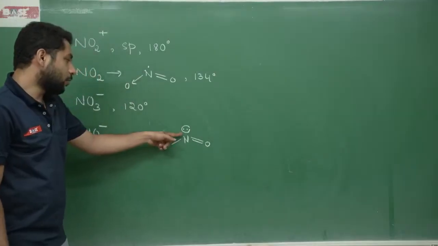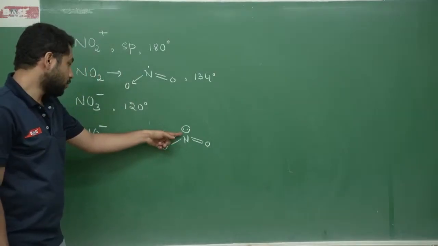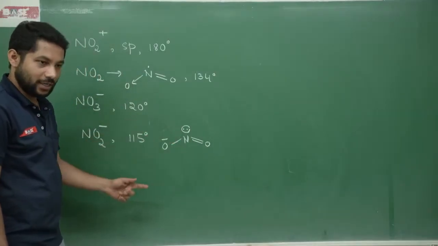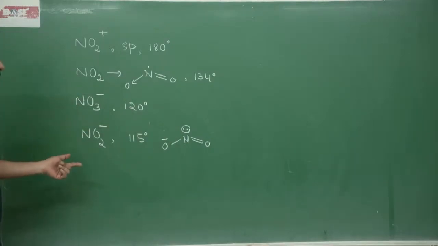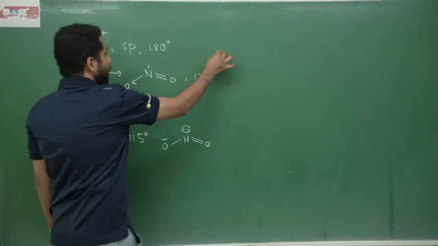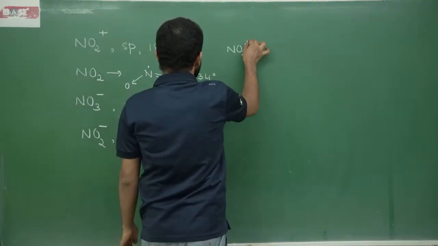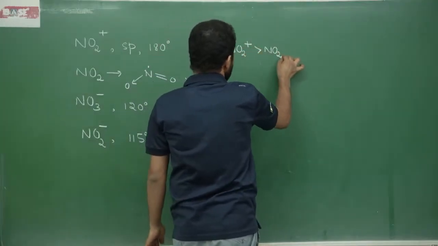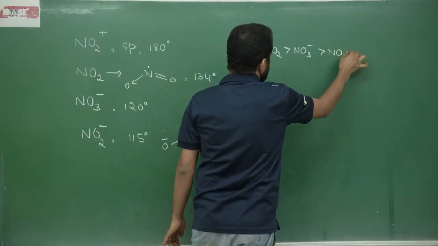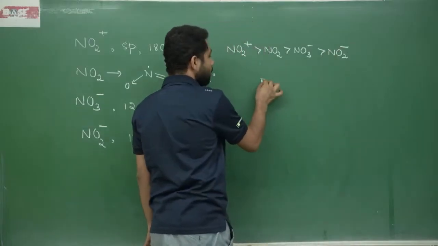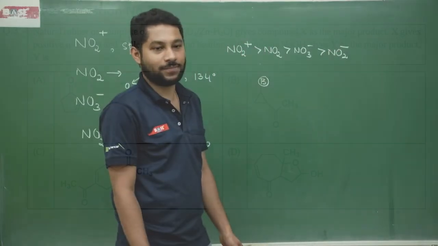The presence of the lone pair increases the repulsion, due to which the bond angle reduces. So if you arrange these species in the order of bond angle, we'll get NO2 plus to be maximum, followed by NO2, then followed by NO3 minus, and the last one is NO2 minus. Hence option B will be the right answer.